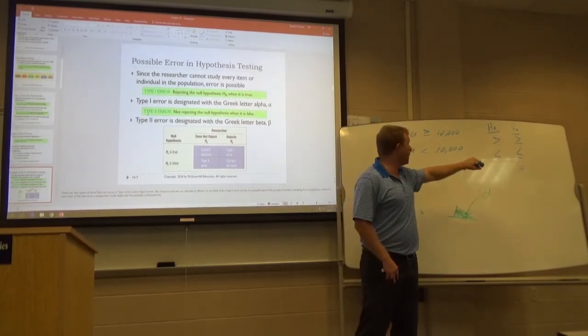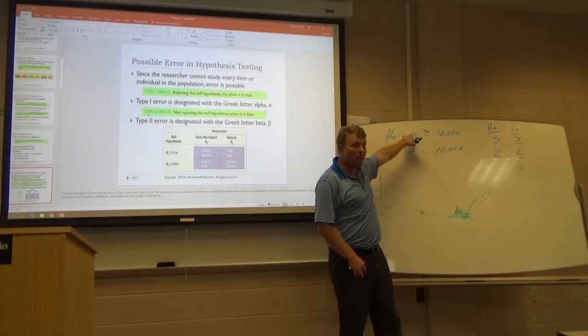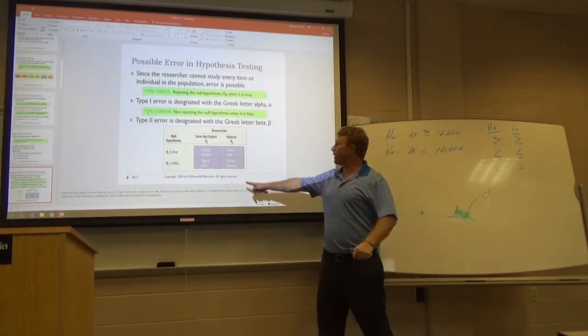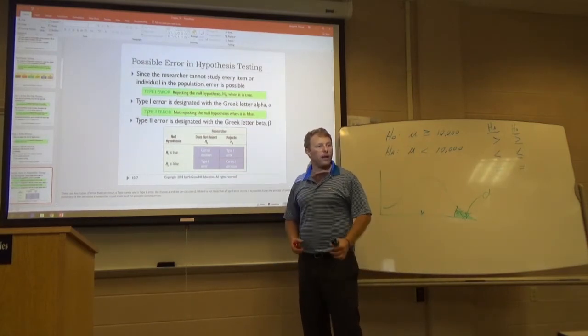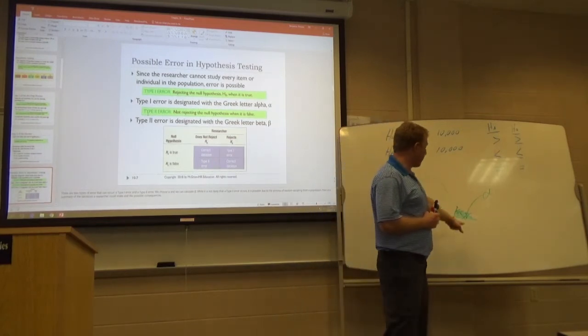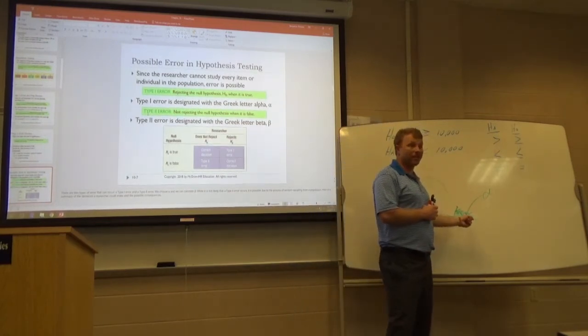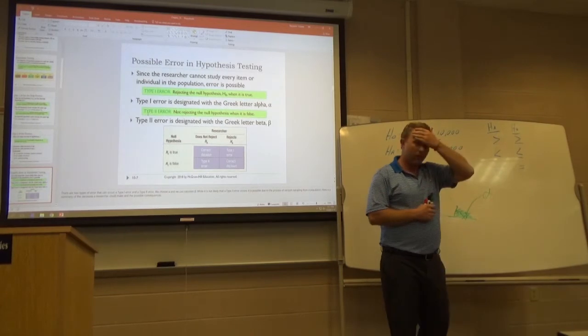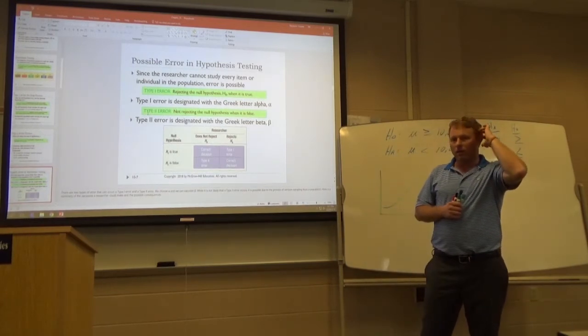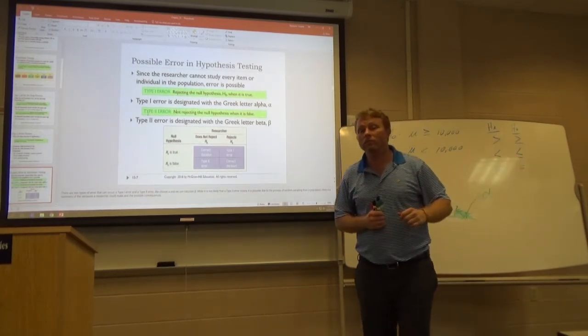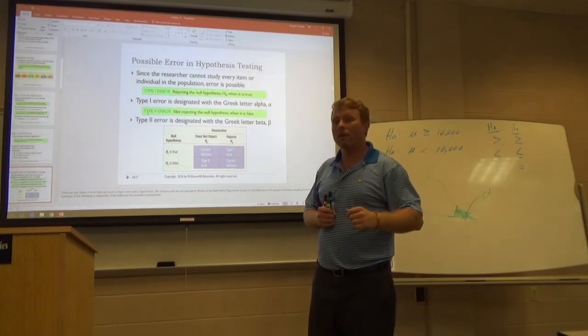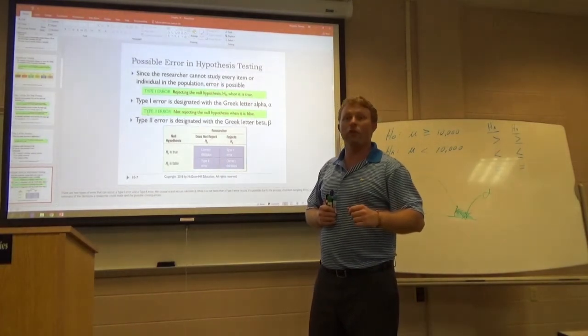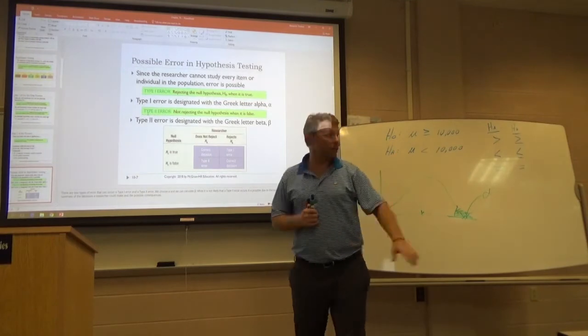But it's true. We committed a type 1 error. Now with an alpha of 0.05, that's going to happen 5% of the time, isn't it? So when we reject it, it's the error. It's true, but since we rejected it, it's an error.